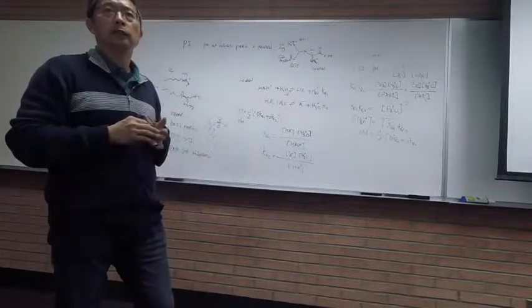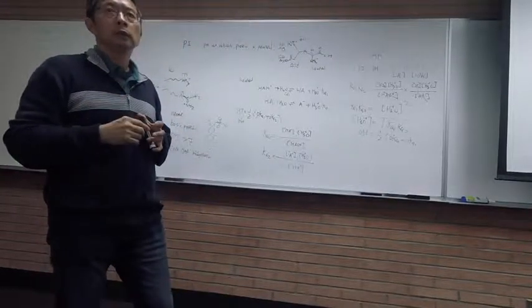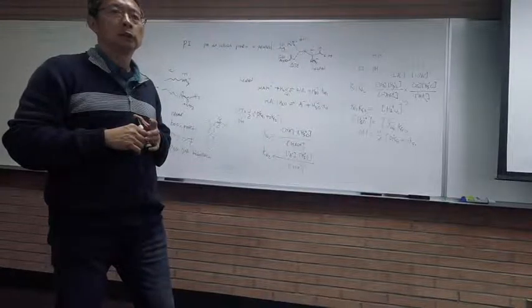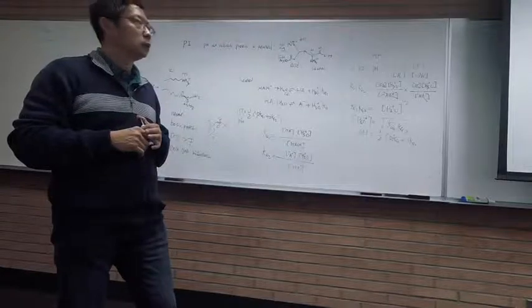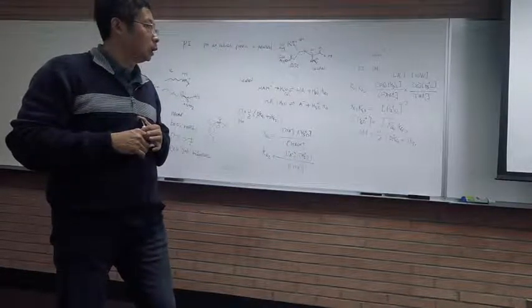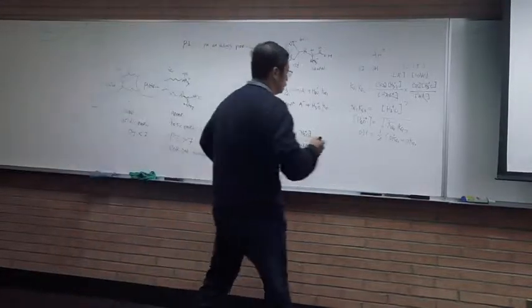Does this make sense? Any question? Do we have to know the math to get to the pH part? That's a lot of math. Oh, you mean this part? Yeah.